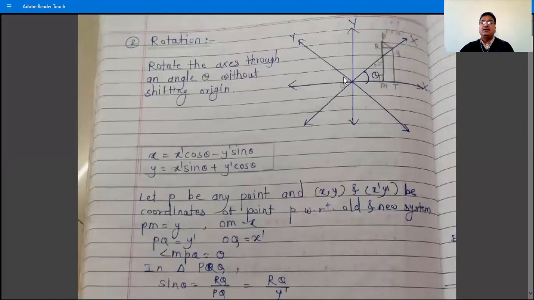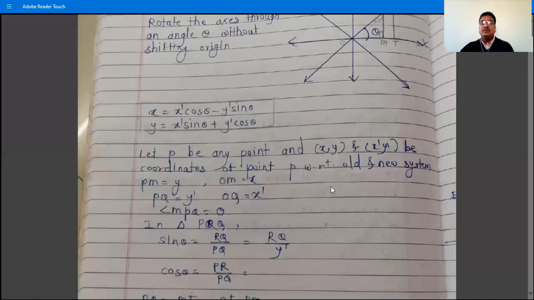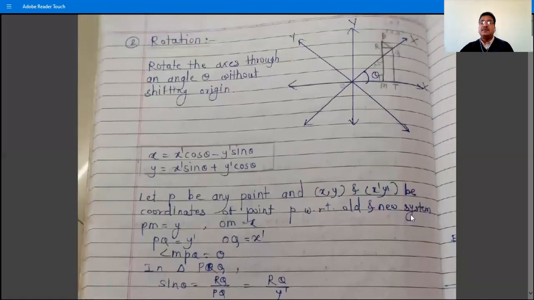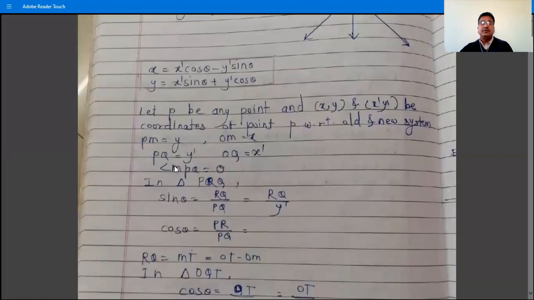That is, after rotation of axes through an angle theta, we have the new system, and the coordinates of the point P with respect to the new system are x dash, y dash. Both are coordinates of the same point with respect to the old and the new system.